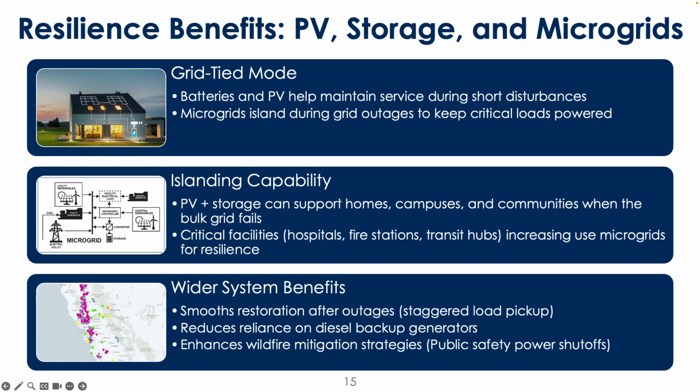Coupled with that is this idea of islanding. You can set up a local islanded grid that maintains power for critical elements. So think about things like hospitals, fire stations, that sort of thing.